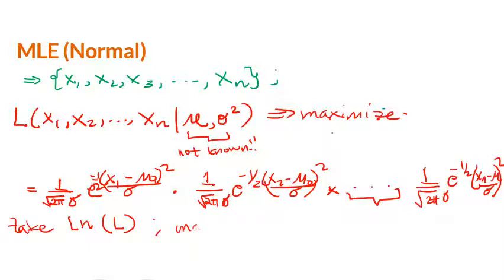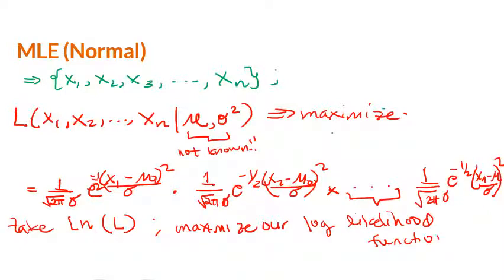So we are now maximizing our log likelihood function instead of the likelihood function alone. Why does this make sense? If you have a maximum value for our likelihood function, the ln of that is also maximum, right? So we don't need to work directly on the likelihood function. We can work with our log likelihood function.